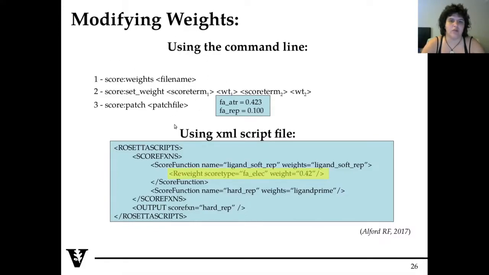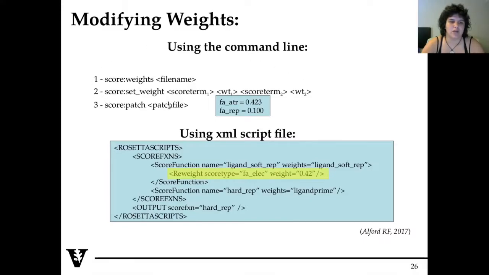You can use the command line, and you can use the option score weights, and you add a file. You can set score, set weight, and here you put the name of the energy term that you want to change, and here the number of the weight that you want to change, and you can do it for multiple terms.